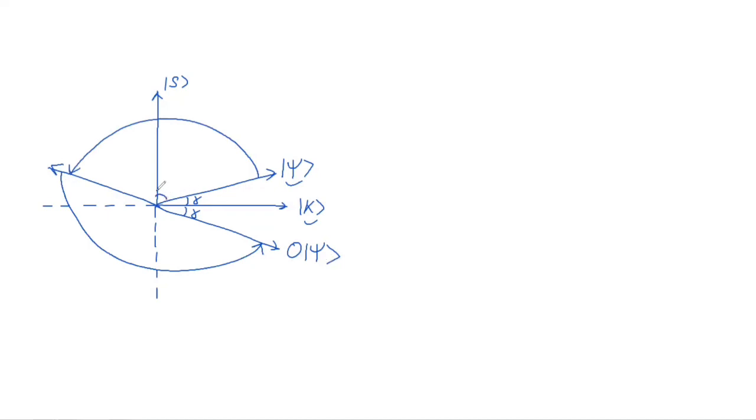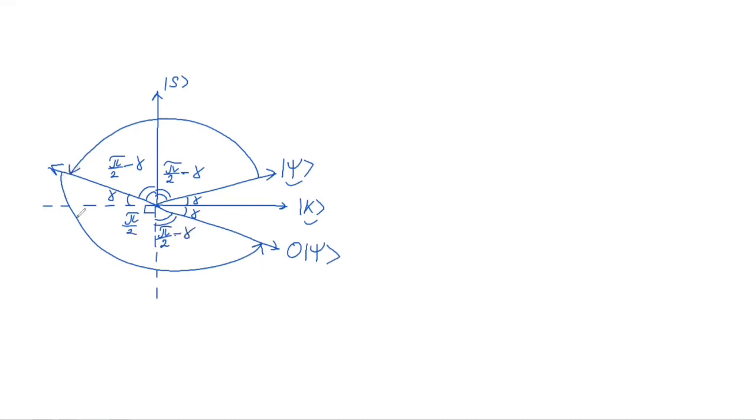Because we are making a reflection here, that means that these 2 angles are the same. And this angle here is equal to pi over 2 minus gamma. This angle here is pi over 2 minus gamma as well. And this means that this angle is gamma. This is a right angle, pi over 2. And this angle here is pi over 2 minus gamma.